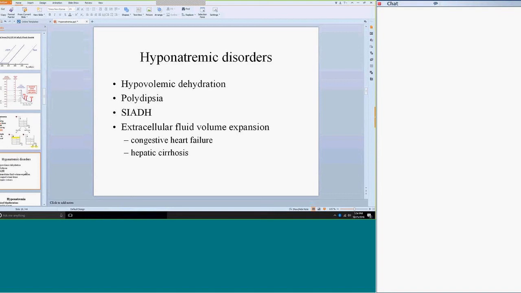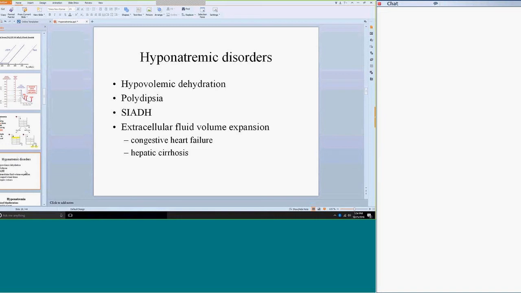The hyponatremic disorders include hypovolemic dehydration. If you make soldiers walk out in the desert, they sweat a lot, they lose water, but they lose more sodium. Or someone with gastroenteritis has hypovolemic dehydration.